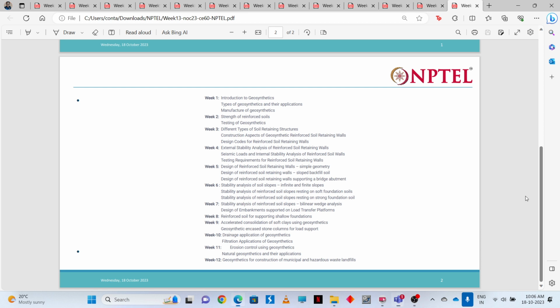Then we discussed reinforced soil, what the mechanisms of reinforced soil were. Then we discussed reinforced soil walls, how to design them, how to choose the spacing of reinforcement, how to decide the length of reinforcement, all these things. Then we studied the external stability, the sliding stability, overturning stability, all these things, and the internal stability checks, right? All these things we saw.